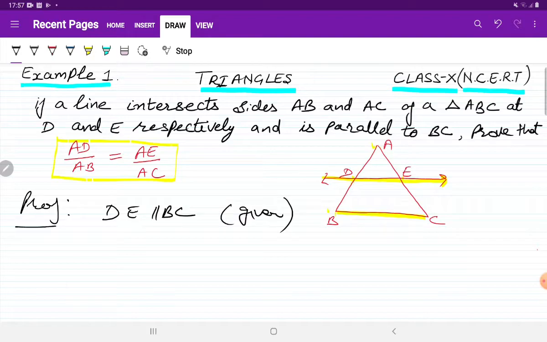What does Thales theorem state? If a line is parallel to one side of a triangle, I'm writing the statement of Thales theorem that we'll use here.